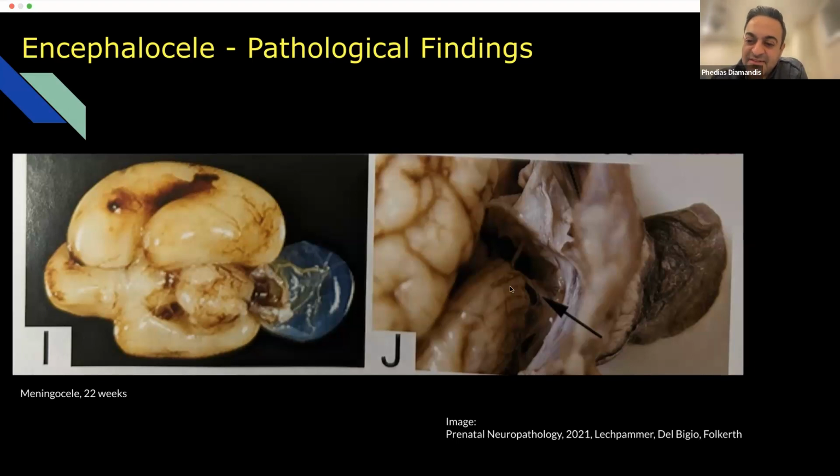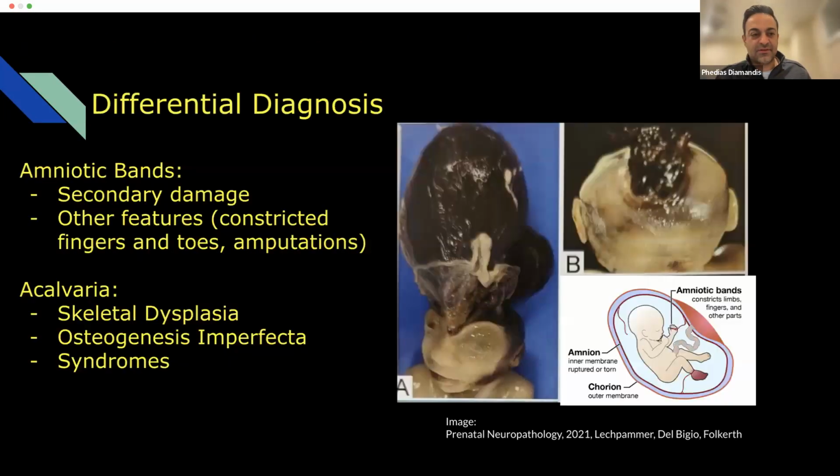And then these can form fibrous bands to normal brain structures within them. And so even though they seem more benign, they could lead to secondary defects such as hydromyelia and other defects from this tethering and pulling of the nervous system, especially early on in development.